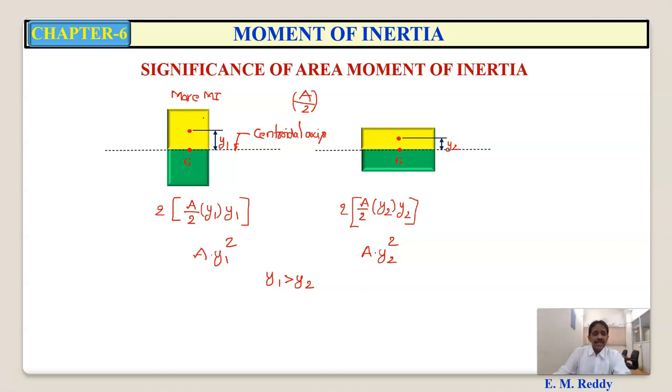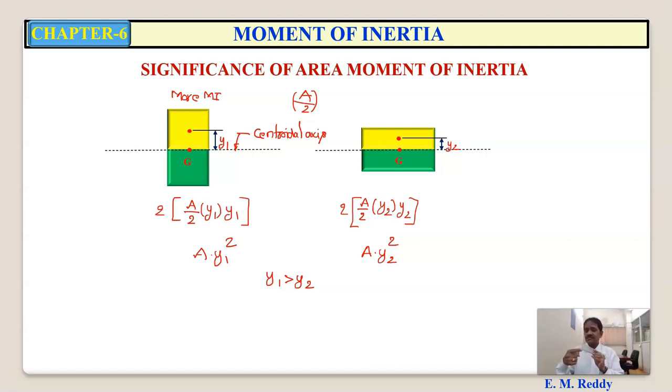Here you will find that the area is distributed far away from this axis, whereas here the area is distributed very near to the axis. Though the total area of these sections is same, the second moment of that area, that is moment of inertia of this first section, is greater than the second section. Therefore you will find the resistance of this section to bend is more than the second section. Now say, let us consider this scale.